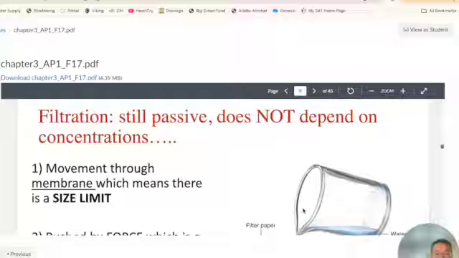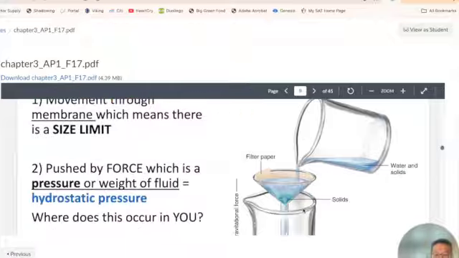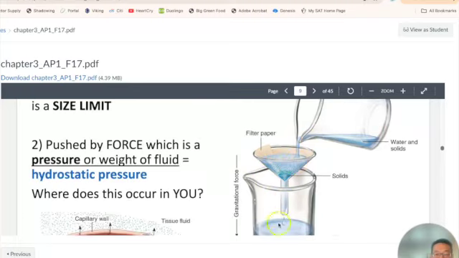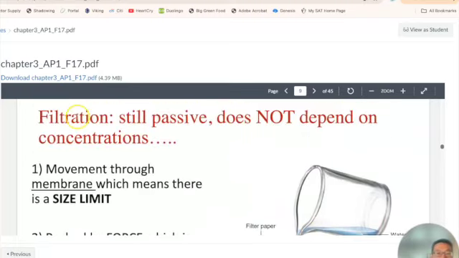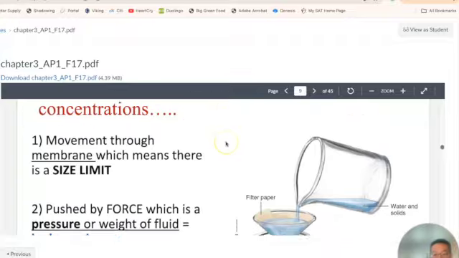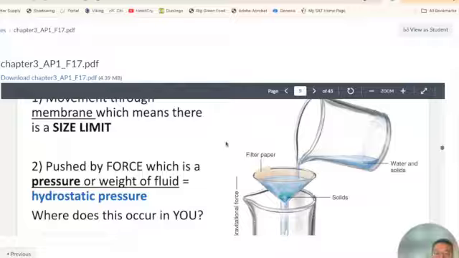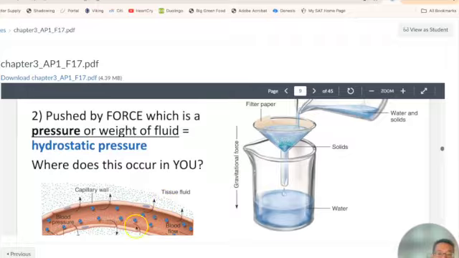So whenever we look at filtration, water goes through a filter, drip, drip, drip, okay, it is still passive, which means there's no energy, right? It just moves through. Oh, here's a better picture.